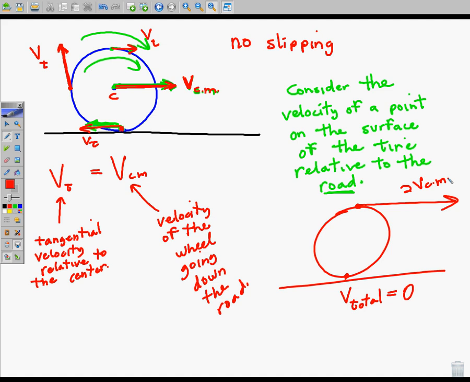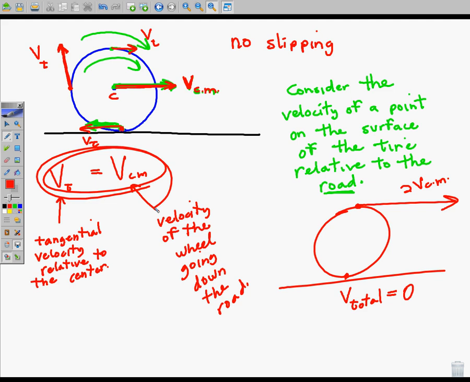Like I said, we don't use this in any problems. In problems, we're using this fact right here. But come on, that's kind of interesting. The top point of the tire, its speed relative to the road is twice as fast as the car, and it's zero relative to the road at the bottom. Think about it.